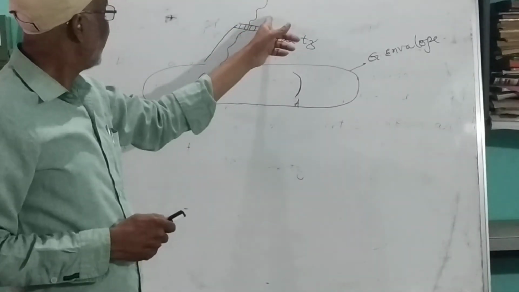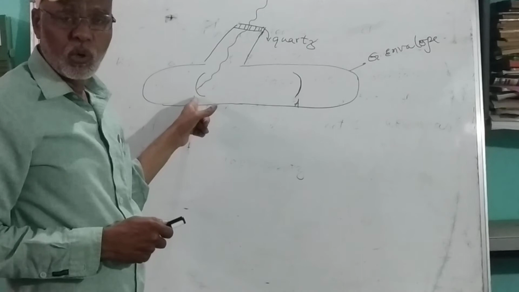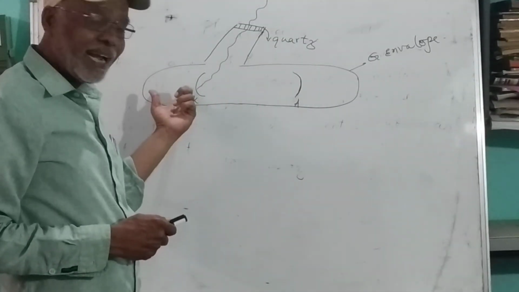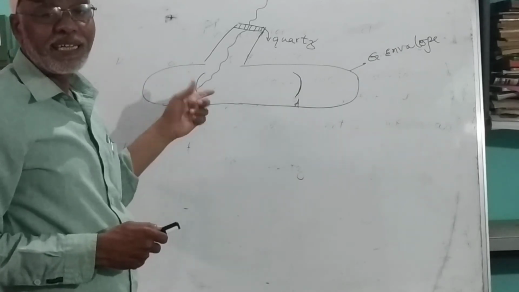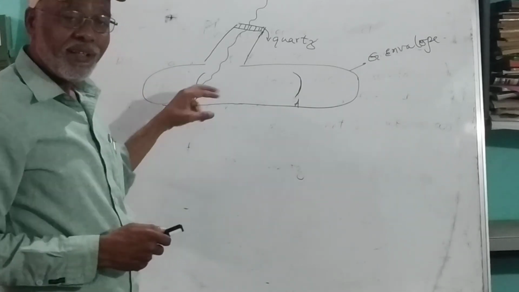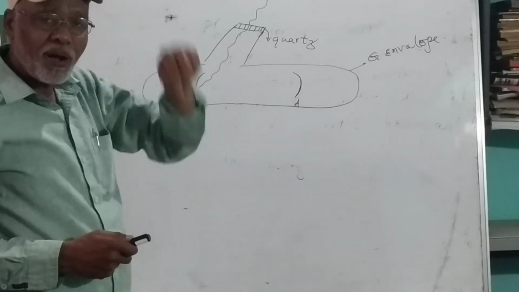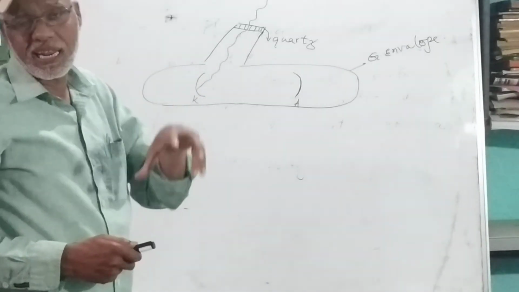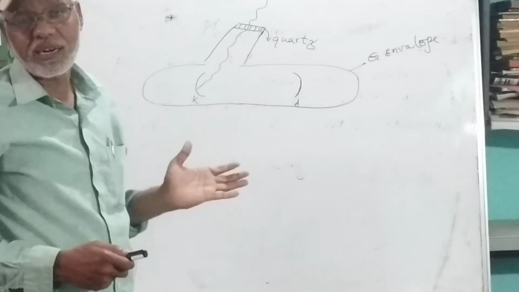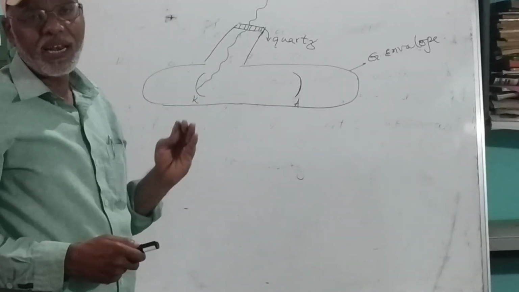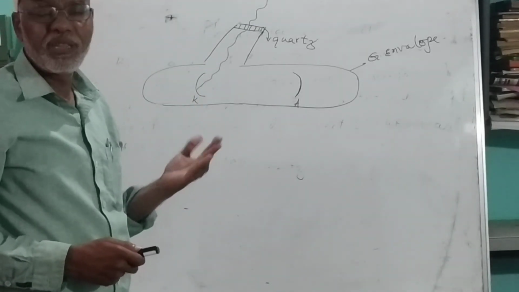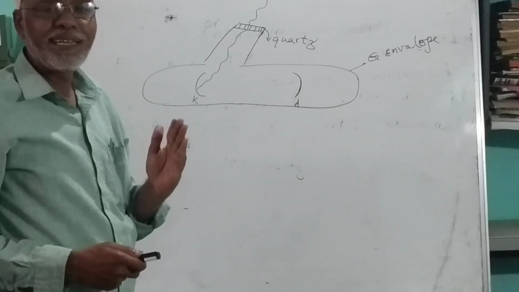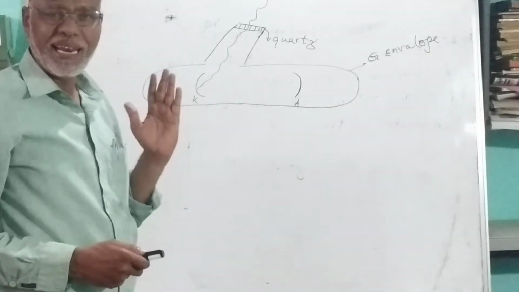When the light radiation is incident on the cathode, the photon interacts with it and penetrates inside the cathode. Inside the cathode there are some free electrons. Once these free electrons collide with the photons, the photon's complete energy is absorbed by the electron.